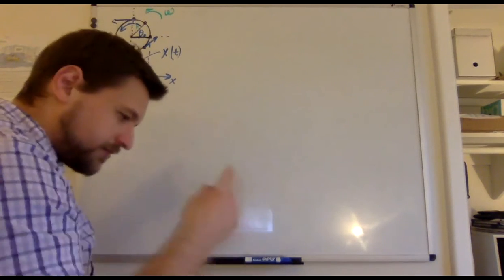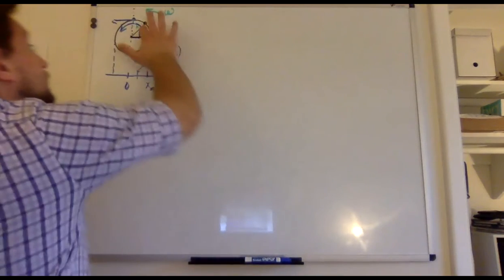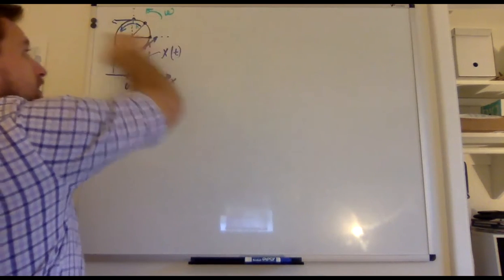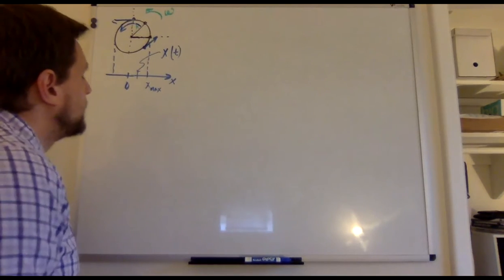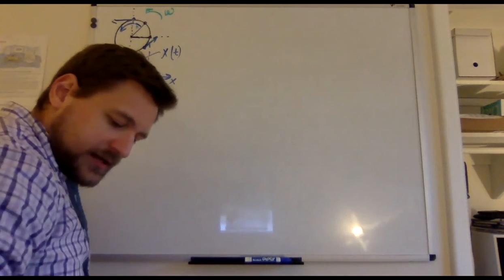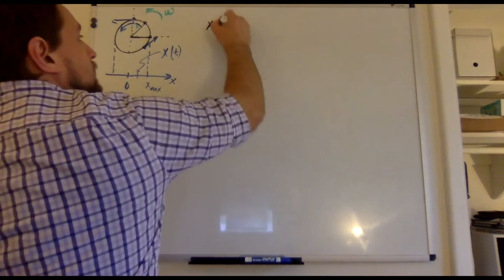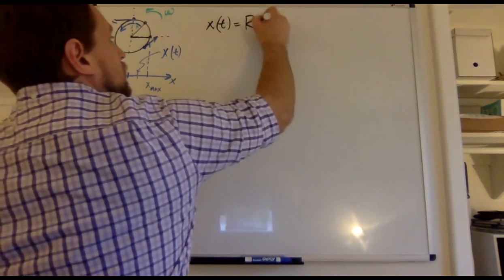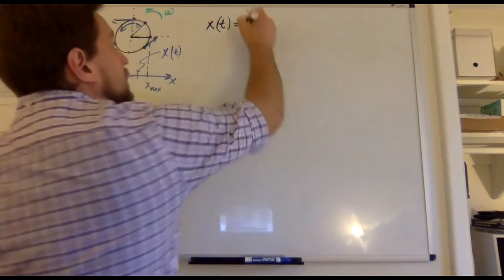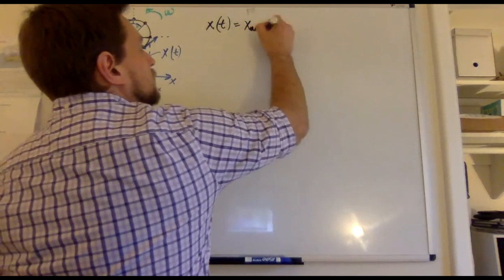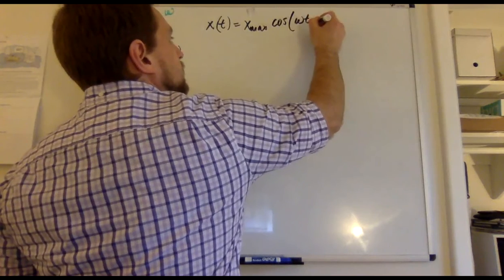Let's start the clock there. So let's start it so that theta 0 is 0. And we're going to start on the x-axis in our rotational system here. So our x coordinate in this case is, well, not r, but x max cosine omega t.